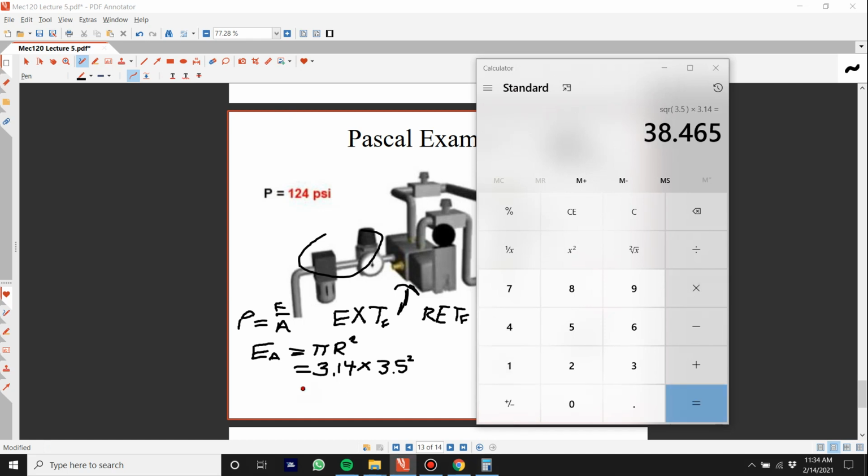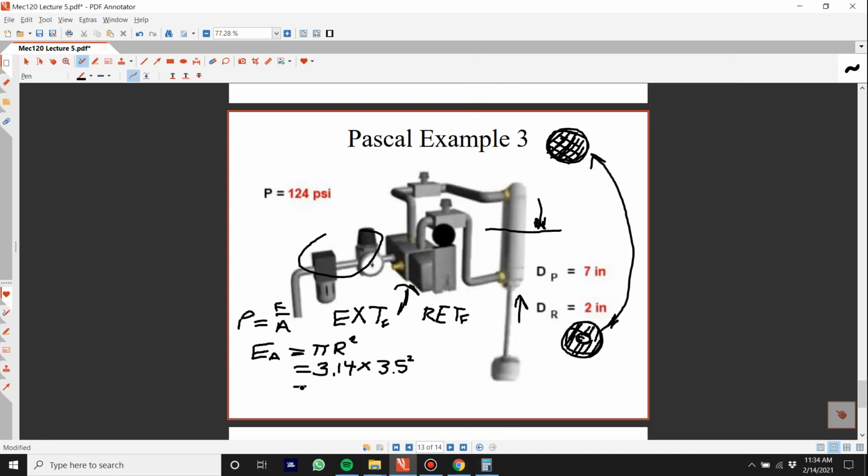So we're going to get an area of 38 inch squared. Okay. Now we're going to use that later.